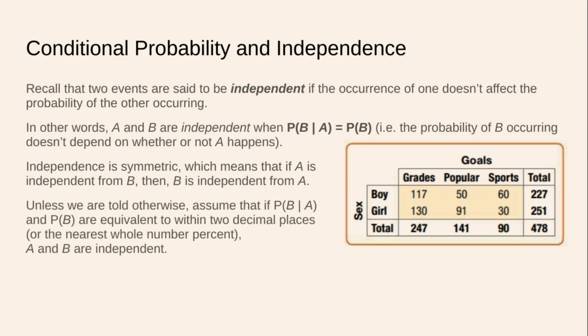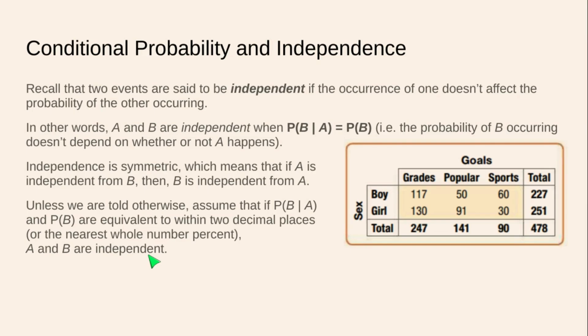Unless we are told otherwise, assume that if probability of B given A and probability of B are equivalent to, not perfect, but within 2 decimal places, or to the nearest whole number percent, A and B are independent. All right, so sometimes independence is perfect because we're dealing in the world of math class.